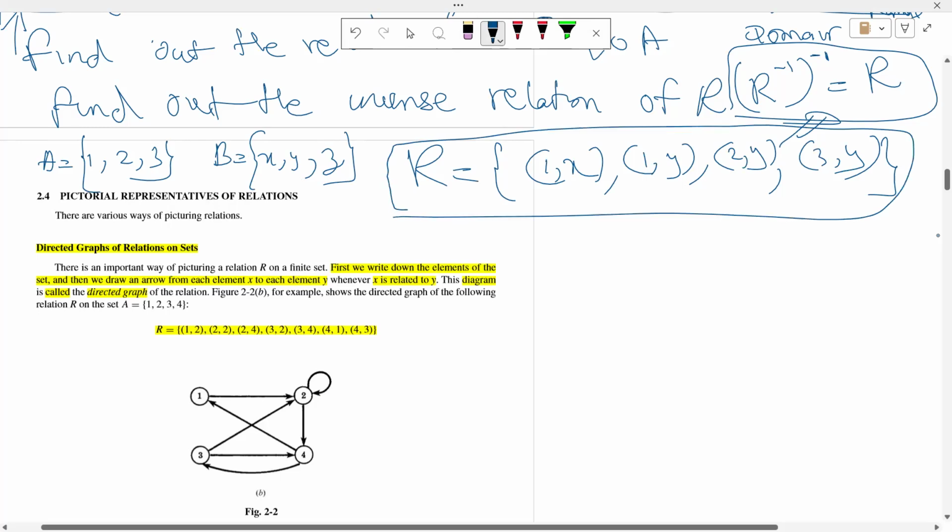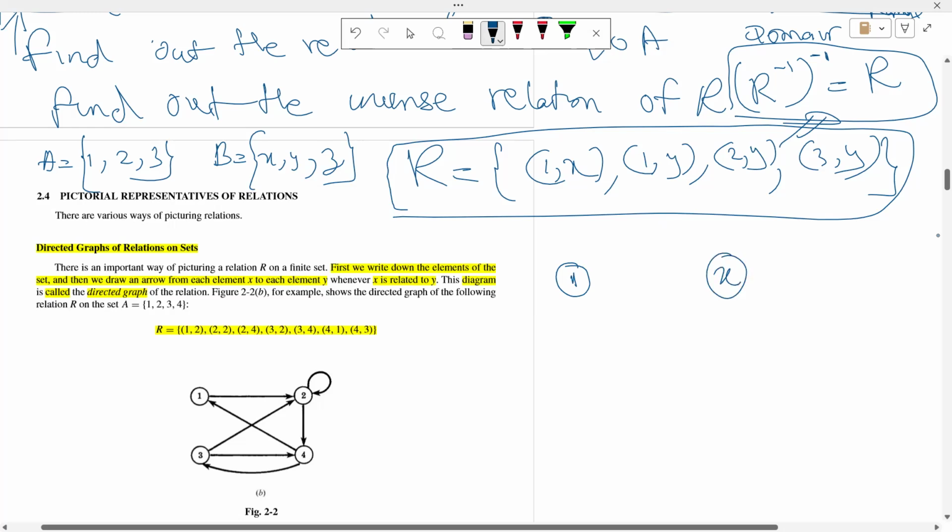If I need to draw the directed graph for this one, I can plot the possible elements in the relation. One is there, so I can plot one, and X is there.